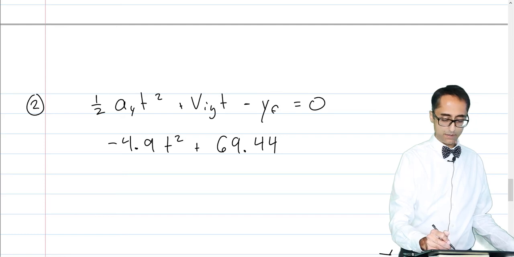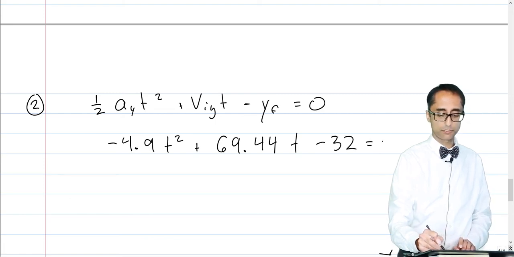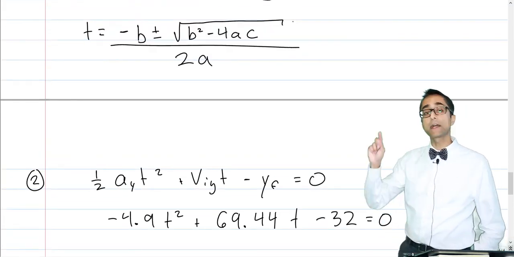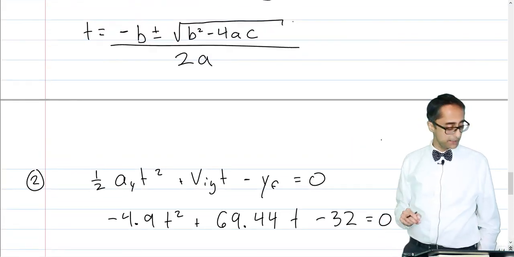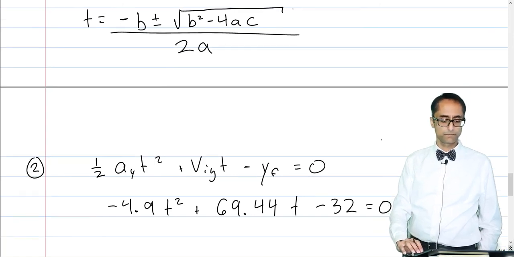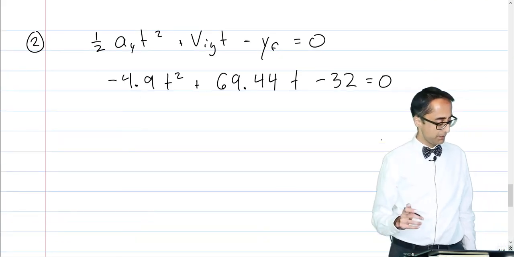And that's times t, and this is plus negative 32. So it's minus 32. All right, throw that into your quadratic equation and find out what the times are in this case. Pause the video if you need to.